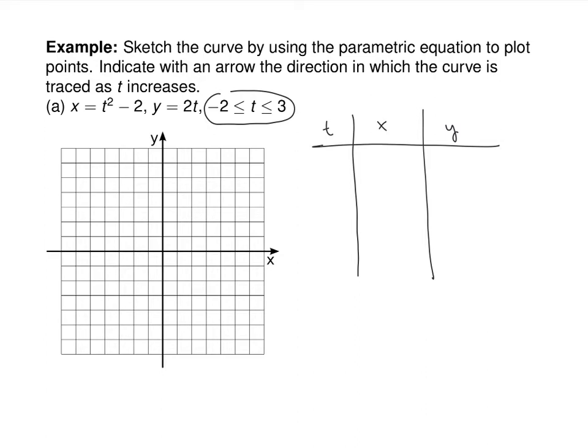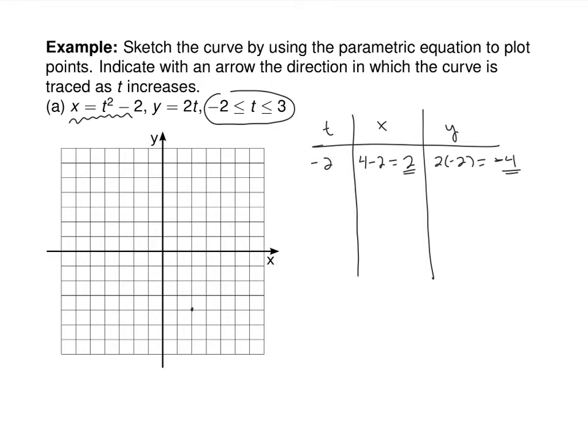So when you input t equals -2 into this x equation, x will equal 4 minus 2, or 2, and y will equal 2 times -2, or -4. So our first point is 2, -4.